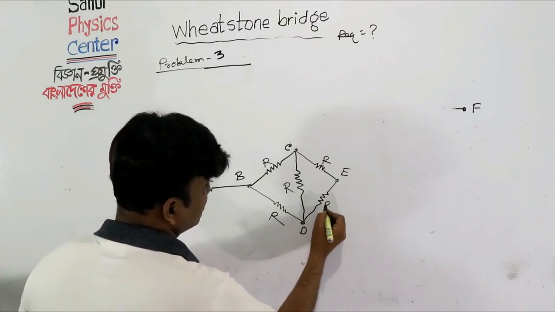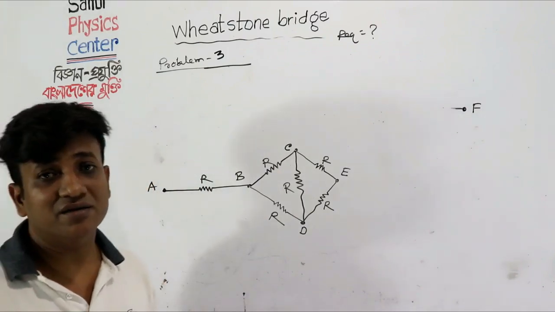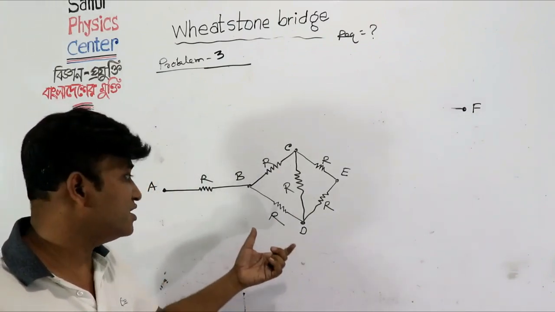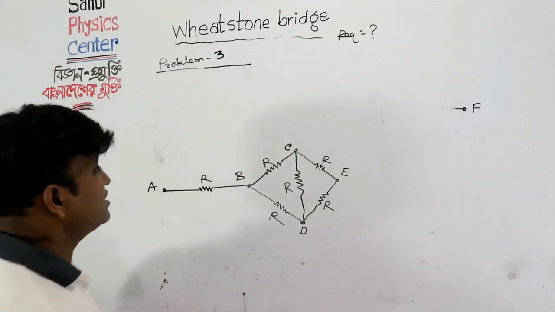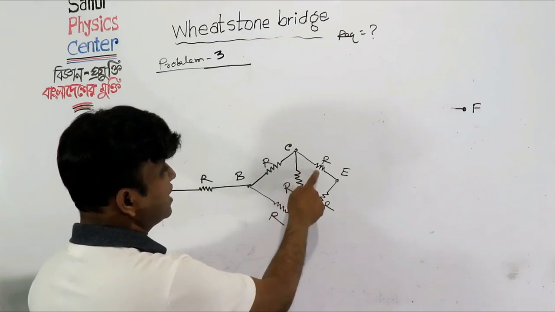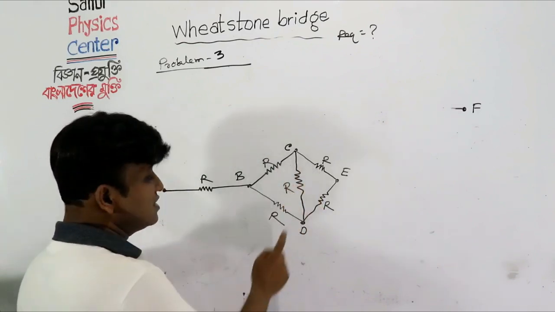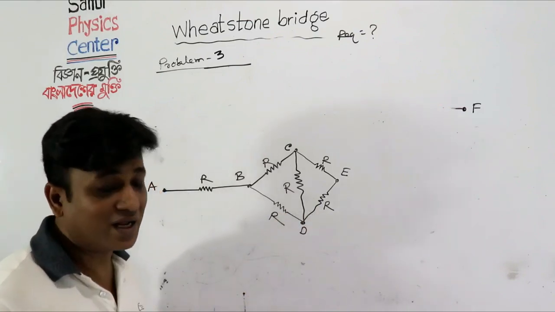Finally we get the rearranged configuration here. Here we are getting that the ratio of R this side and this side is 1, and the ratio of this side R by R is also 1.